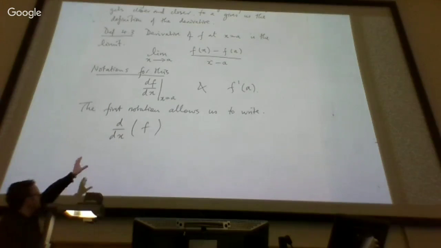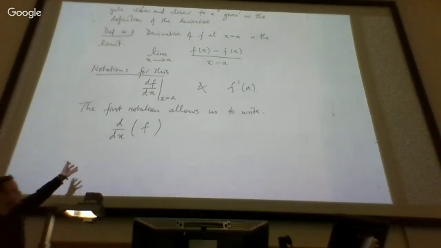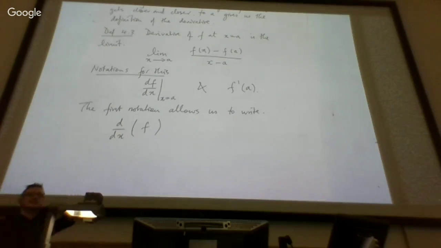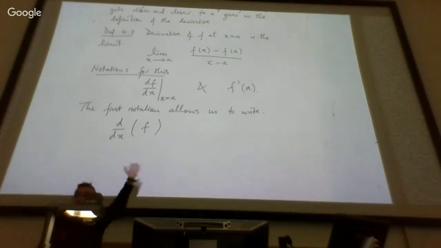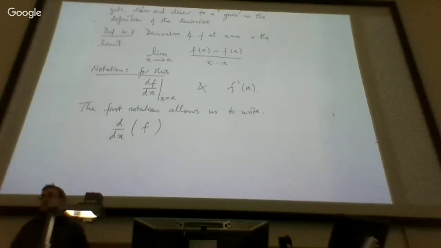So it allows us to think of the process of differentiation as a thing in itself, as an operator in itself, or a kind of function, if you like, which takes as an argument another function and the position a, I guess.